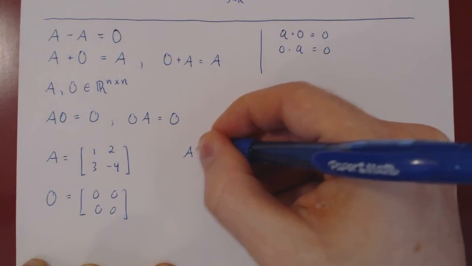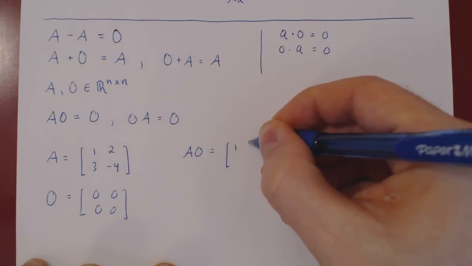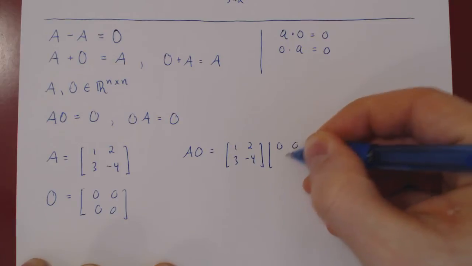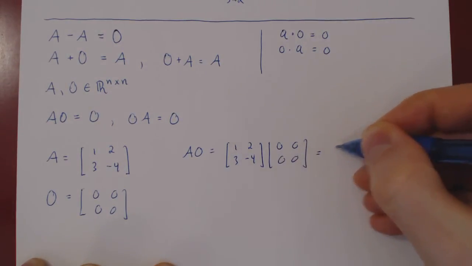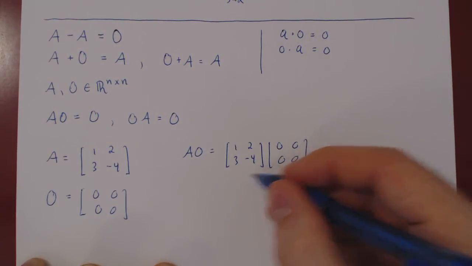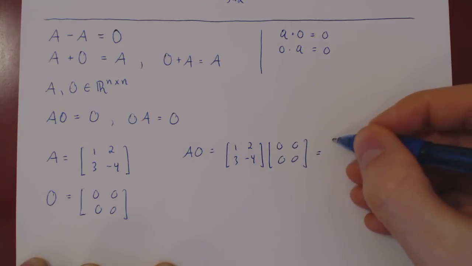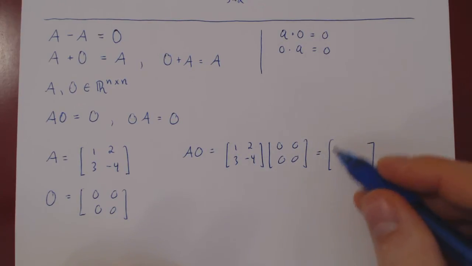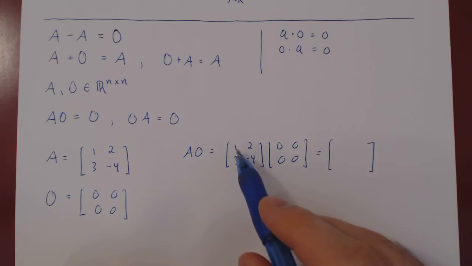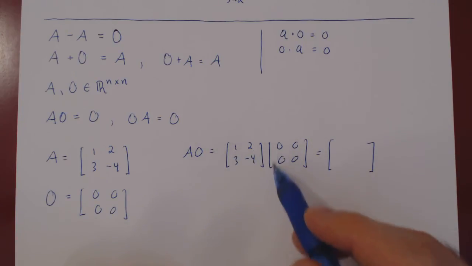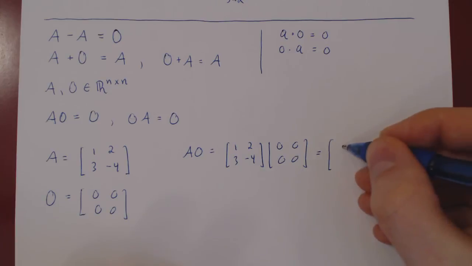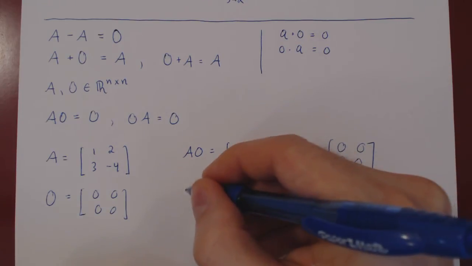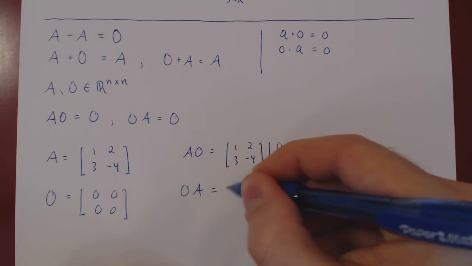And if you do A times 0, this is a 2 by 2. This is a 2 by 2. The result is also a 2 by 2. And it's going to be obvious that every entry of A times 0 is 0. Because when you multiply a row times a column of zeros, you're adding zeros. And so this is just obvious. The other direction is equally obvious.